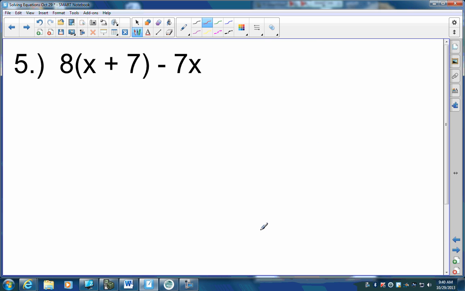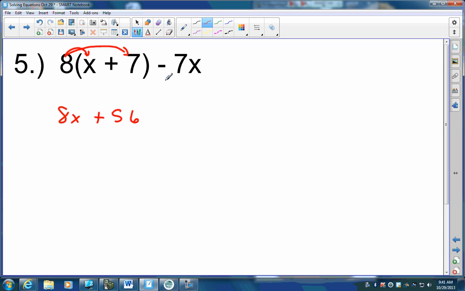All right, now this one on number 5. On this one, we combine the two things together. Order of operations says to do the parentheses first. So we're going to go and take 8 times x, 8x, 8 times 7 is 56.